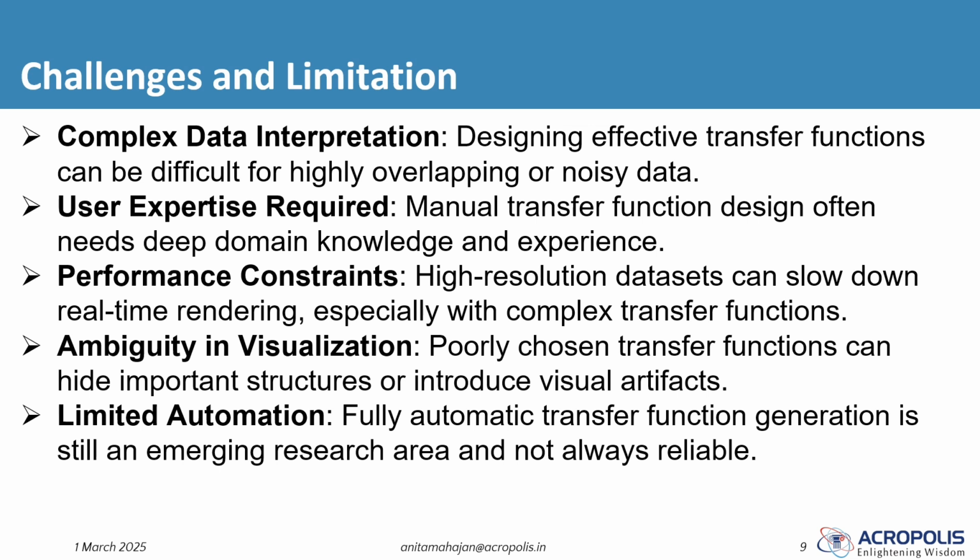Now, it is very important to choose transfer functions wisely, otherwise the whole procedure will be devastated. Limited automation. Fully automatic transfer function generation is still an emerging research area and not always reliable. Now, since automation is entering all the fields, in this field also automation is there, but it is limited. Fully AI based, it is not there.